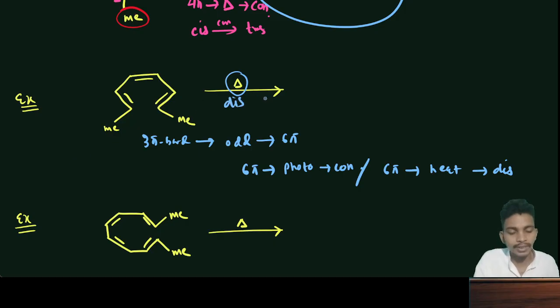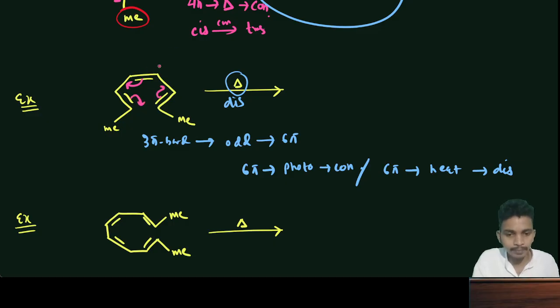For disrotatory rotation, there is no change in stereo; only in conrotatory will the stereo change. Okay, so here the stereo will not change. So we will do the rotation. This is going to rotate like this, this is going to rotate like this, this is going to rotate like this.